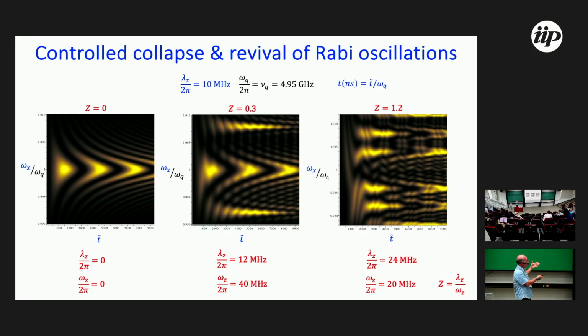For this ratio equal to 0.3, you start to decrease this because of this J0, and you start seeing the side bands, and then right at this point, when the ratio of lambda z and omega z gives you 1.2, you hit the 0, and you basically kill this main peak, and then you have the side bands.